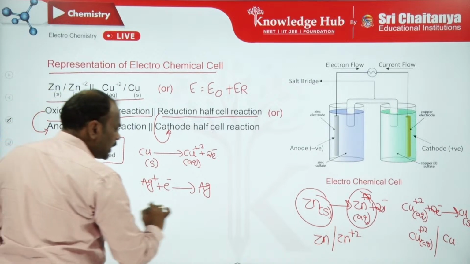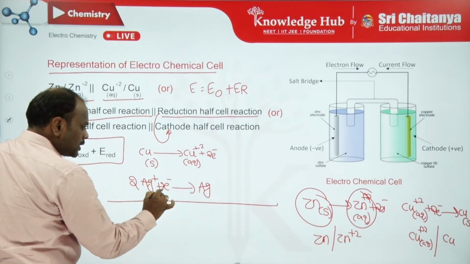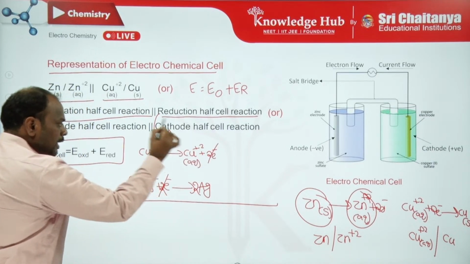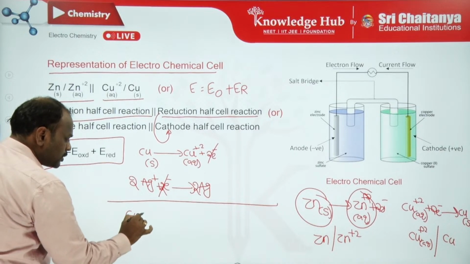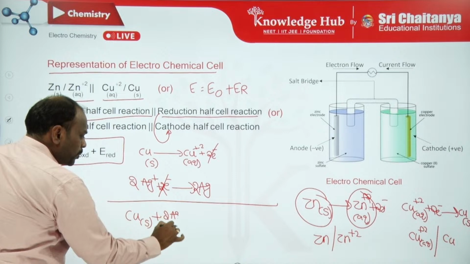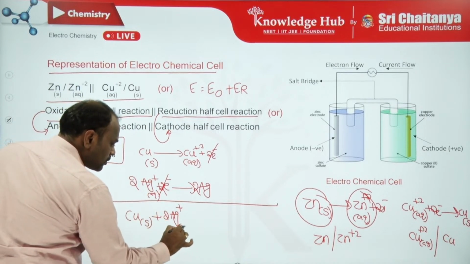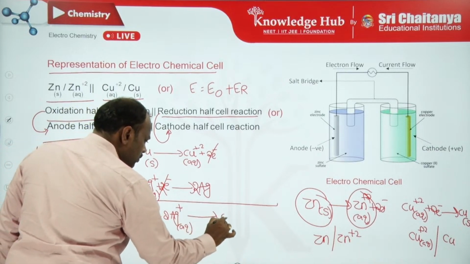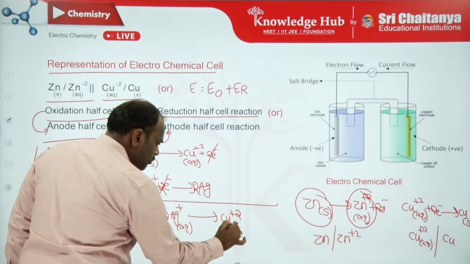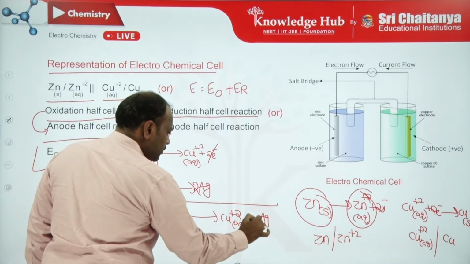Now what's the overall reaction? To balance this, I multiply by 2, so the 2 electrons get cancelled. Cu solid plus 2 Ag plus, aqueous, is converted to Cu plus 2, aqueous, plus 2 Ag.